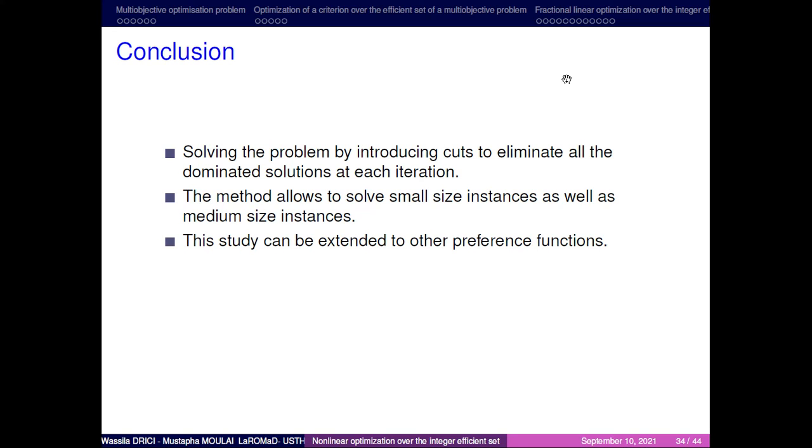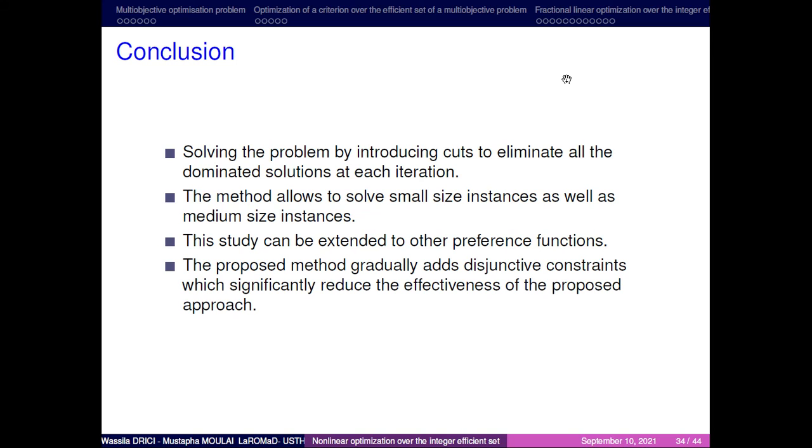Moreover, the study can be extended for other preference functions, where the suggested method can usually be adapted to solve the problem of optimizing a convex utility function over the efficient set of MOILFP. However, the proposed method gradually adds disjunctive constraints, which significantly reduce the efficiency of the suggested approach.